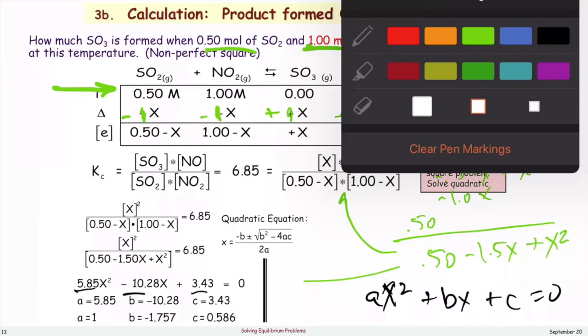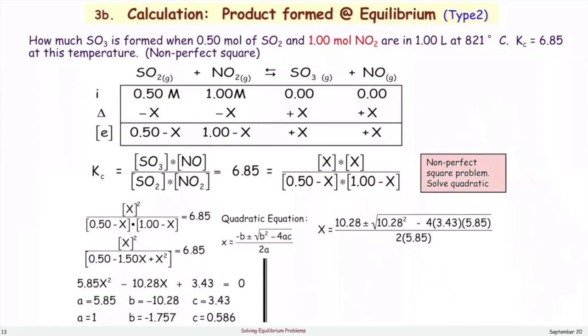Or we can put it in our quadratic formula if you really need to practice doing that. This is our quadratic formula. You get two solutions, and again, take a look and see which one makes sense.